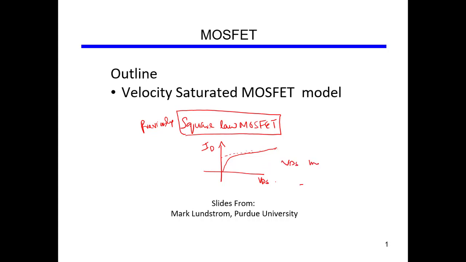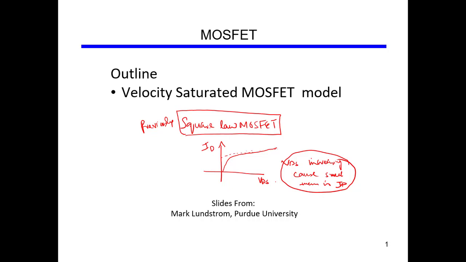So increasing VDS causes a small increase in ID. Ideally, this should not happen, but this is what happens in modern short channel transistors.